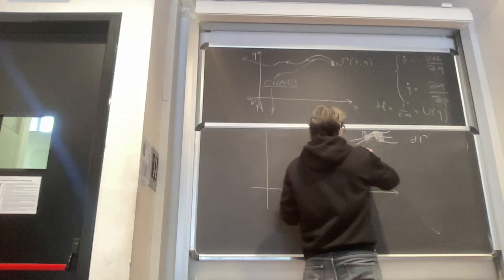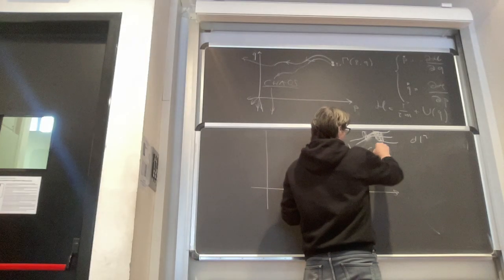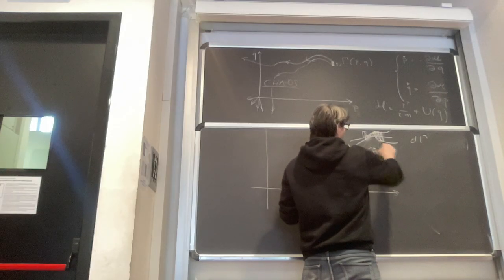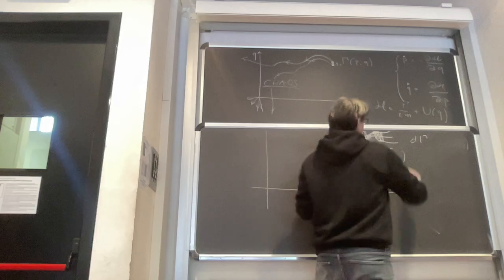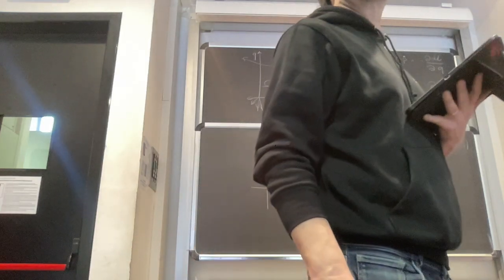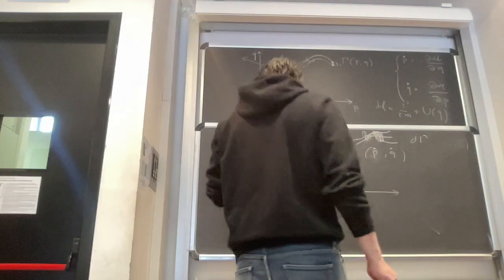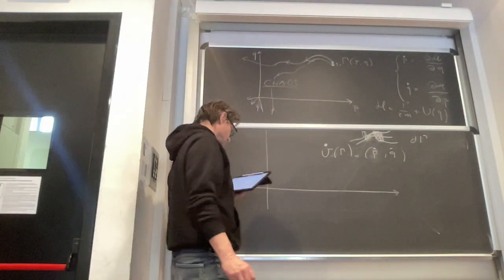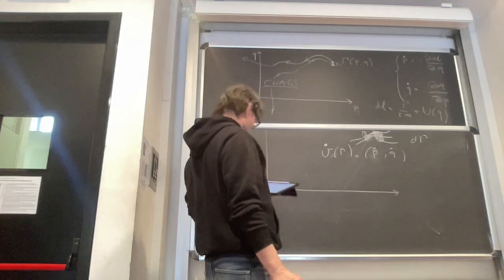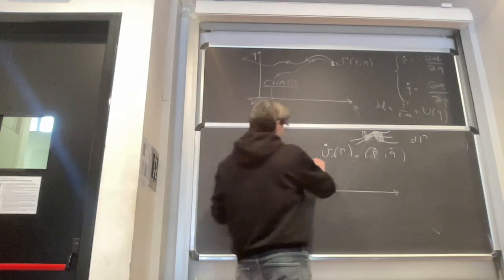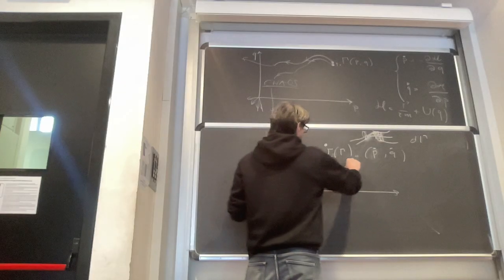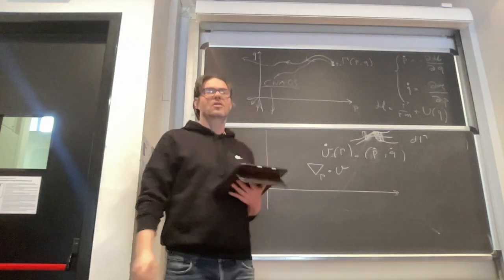The velocity in phase space is q dot, p dot, using the notation which has first the q's and then the p's. Now what I can do is compute another concept, which is the phase space divergence of this vector.